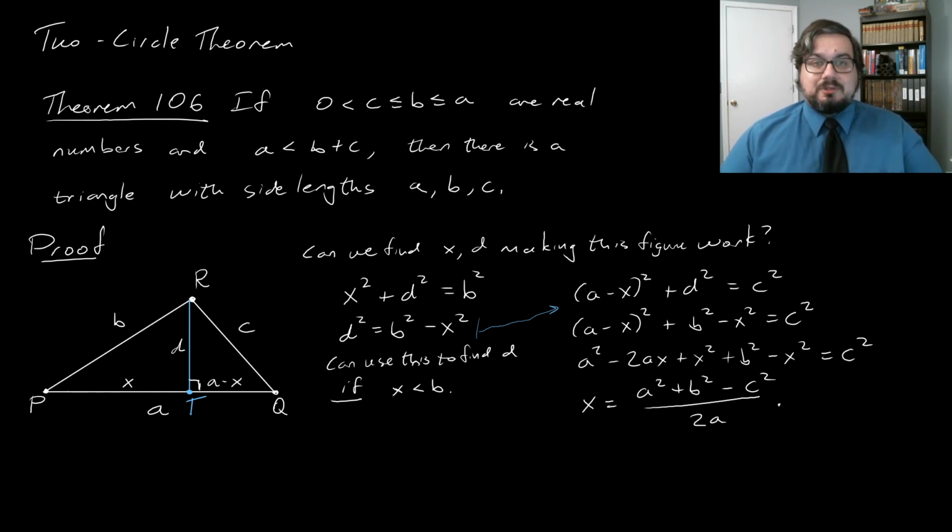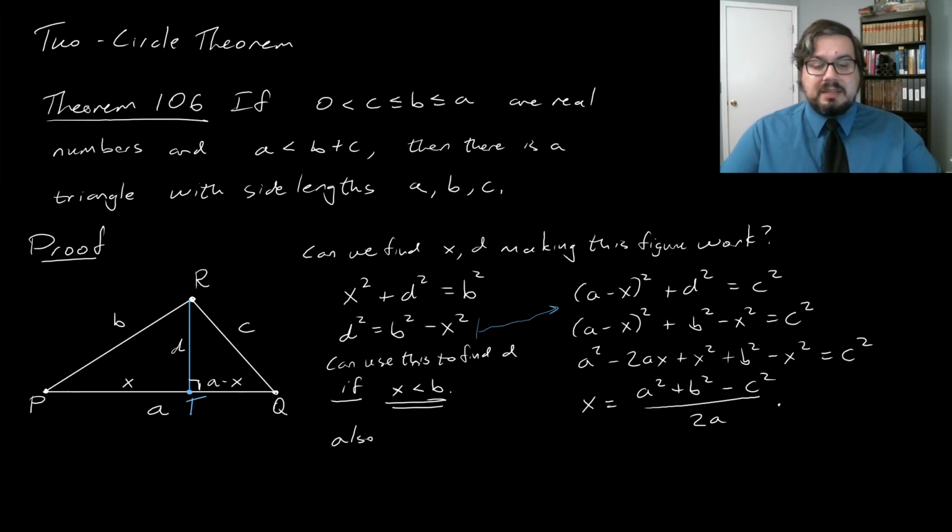But we have to be careful. We know that we can't just choose any three numbers a, b, and c to make this work. The condition that a is less than b plus c has to show up somewhere. And where it shows up is in what we need x to satisfy. We need x to be less than b.